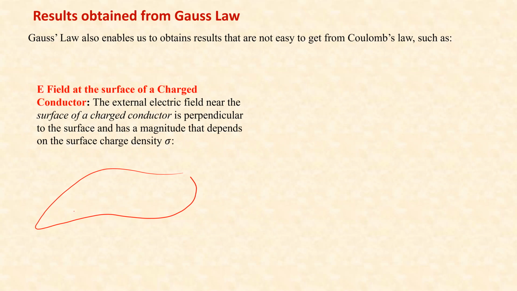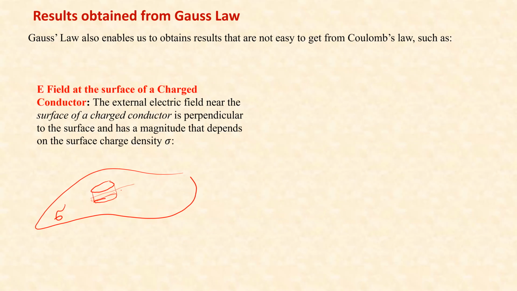Let's say this is a surface of a conductor with charge density sigma. We can make a small cylindrical can from inside the surface. You see, this is the surface.